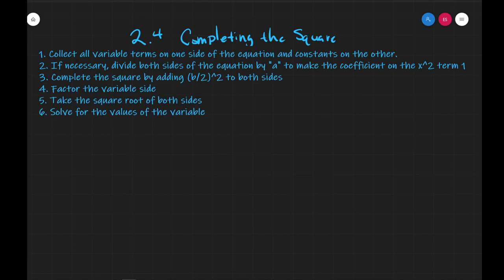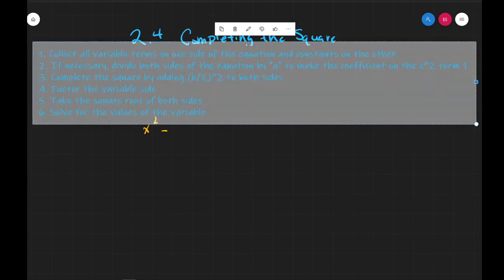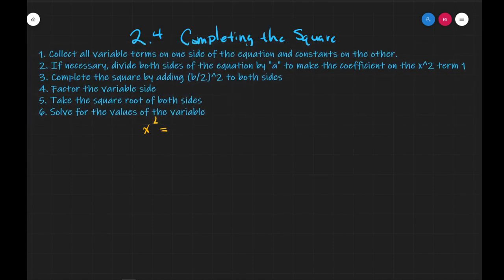All right, so we're going to start off with something pretty straightforward. Let's do orange. So let's do x squared equals 27 minus 6x. Okay, so first, step 1.